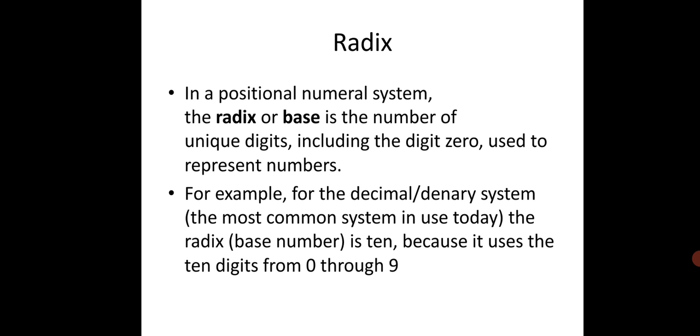For example, the decimal system, the most common system which we use today, is 0 to 9, that is 10. So the base number is 10, that is radix is 10, because it uses the 10 digits from 0 to 9. Same as for octal number system, the base will be 8.